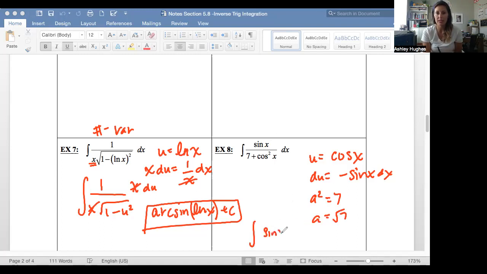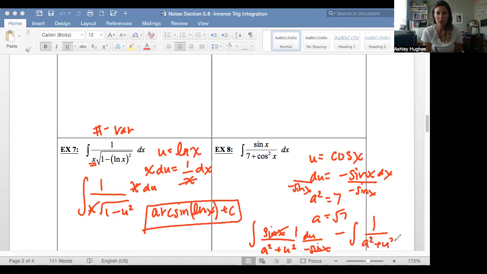I have sine x, and then that would be my a squared plus my u squared, and then solve for dx, that would be du divided by negative sine x. So these cancel, and so you have your tangent formula there, but just negative, so negative 1 over a squared plus u squared. So my answer is going to be negative 1 over a, so that's root 7, arctan u over a plus c.